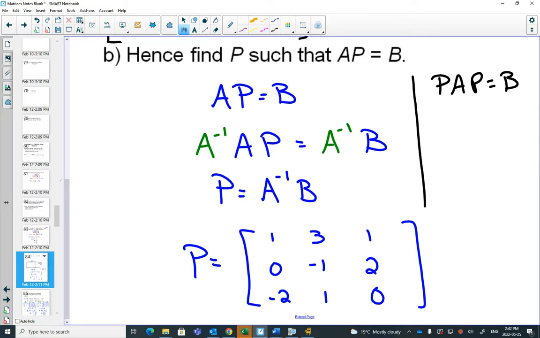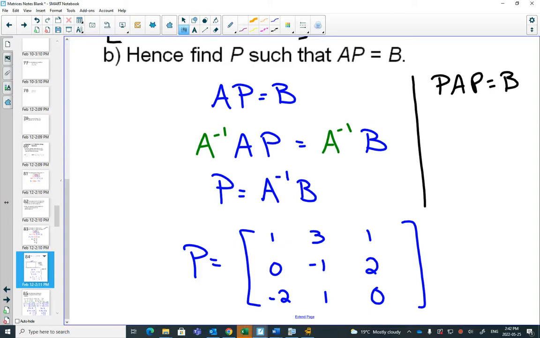Or at least I haven't figured out a way that with that A in the middle, it causes problems. Yeah, I don't know. I don't think you could solve that.